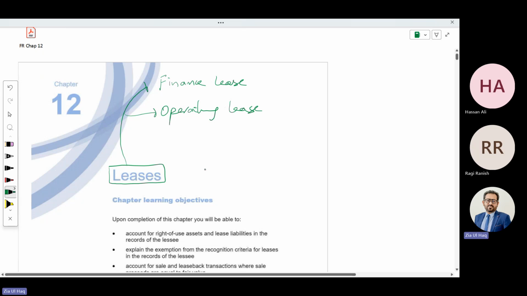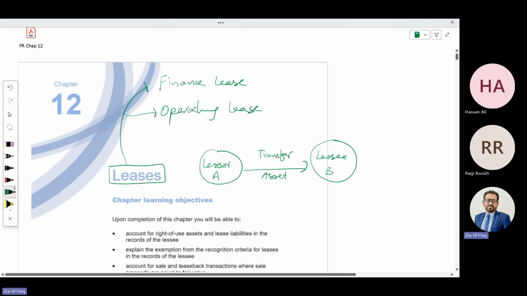In a lease, one party, the lessor, say party A, transfers its asset with the right to use to another party called the lessee, party B. A has given his asset to B with the right to use.